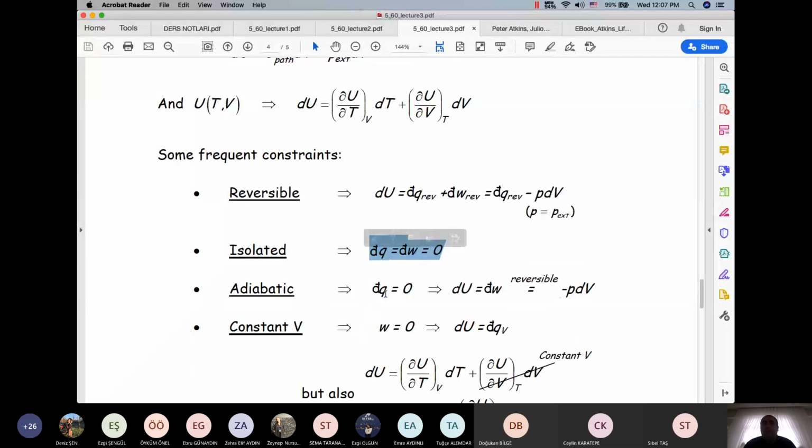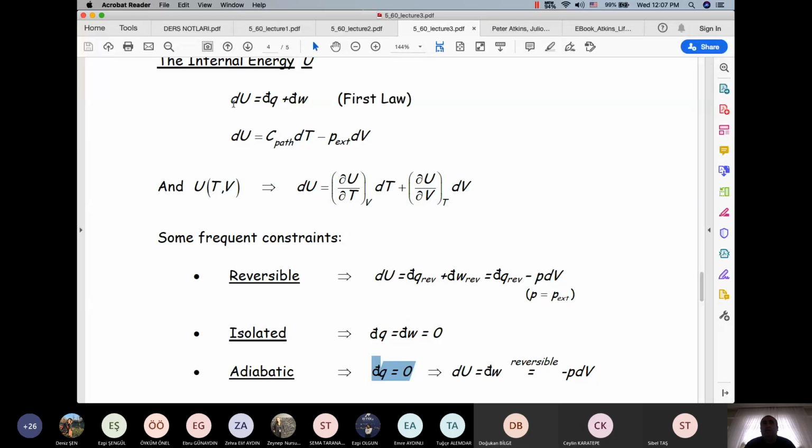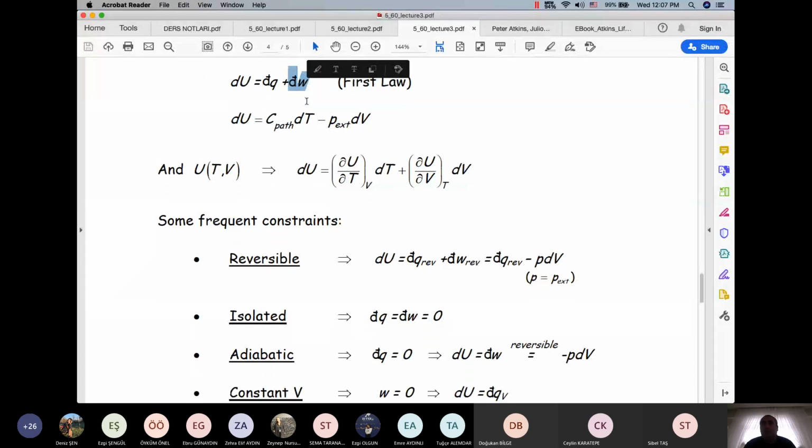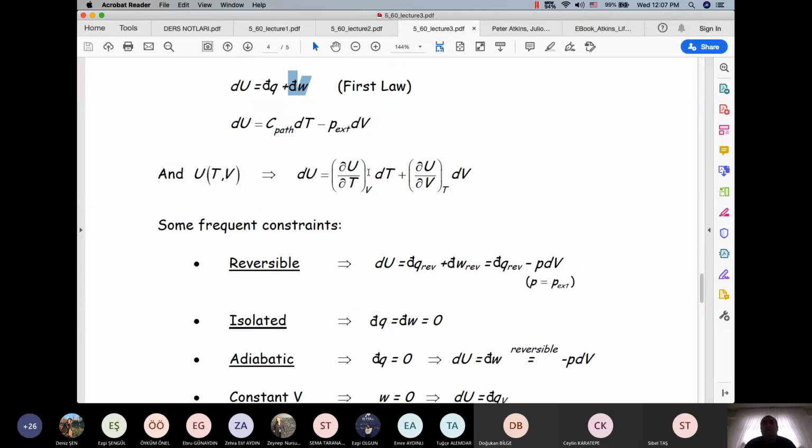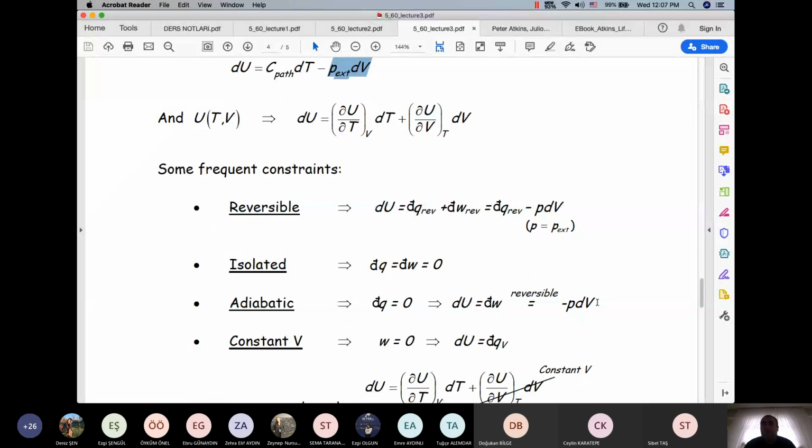For an adiabatic process, there is no heat exchange, and since this formula is true for all the cases, the internal energy change is directly the same as the work for the adiabatic process. And for reversible cases, where this was P external dV, now P is the system pressure, system pressure dV. Okay.